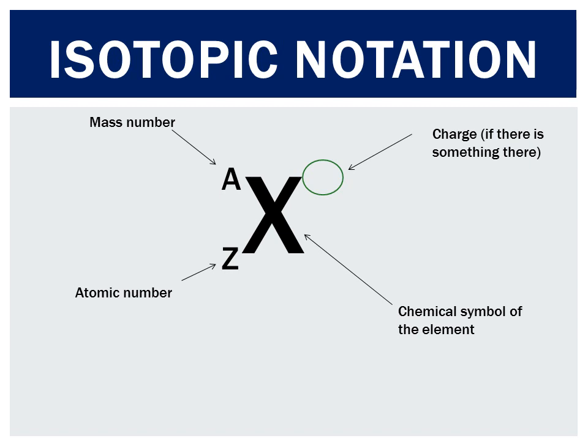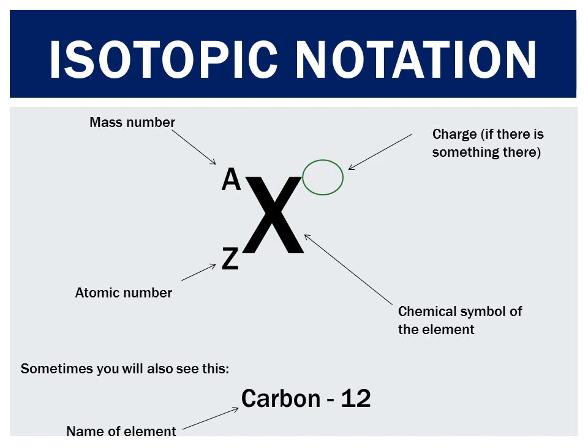There is one more way of looking at atomic notation. It doesn't quite give you as many numbers. Here's an example. So this is the isotope carbon-12. Obviously, you have the name of the element given to you, but what's that other number? That other number is the mass number.